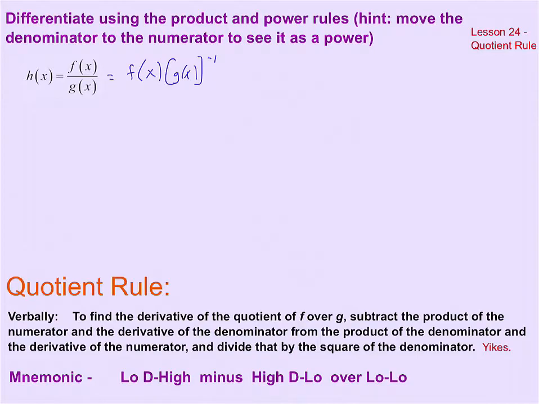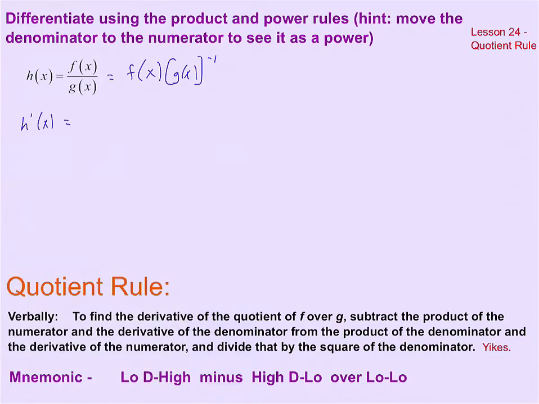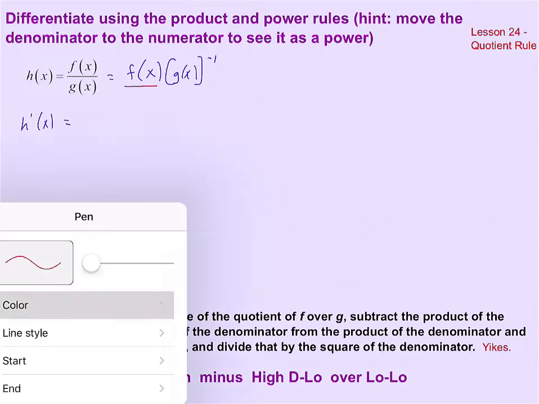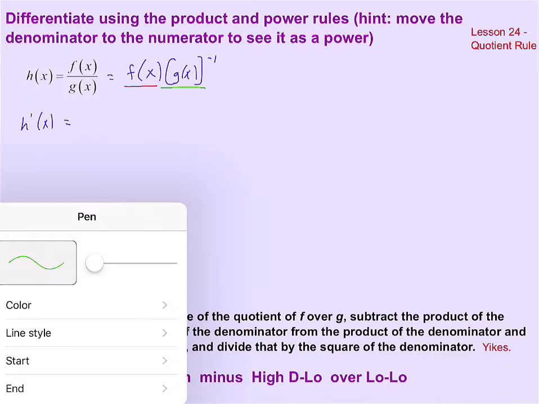So we can find the derivative of that quotient using the product rule. I'm going to use a little bit of color coding here. f of x is what we'll call the first function, g of x is what we'll call the second function for our product rule.